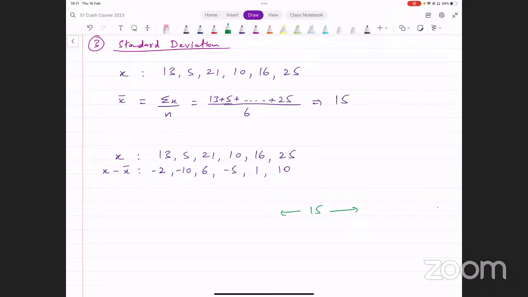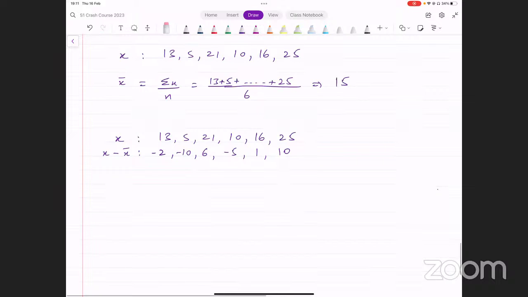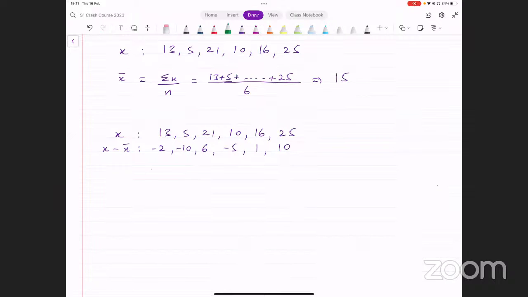So we have to somehow get rid of these minus signs from x minus x bar. One idea we use for this is to make these differences positive by squaring the whole thing.